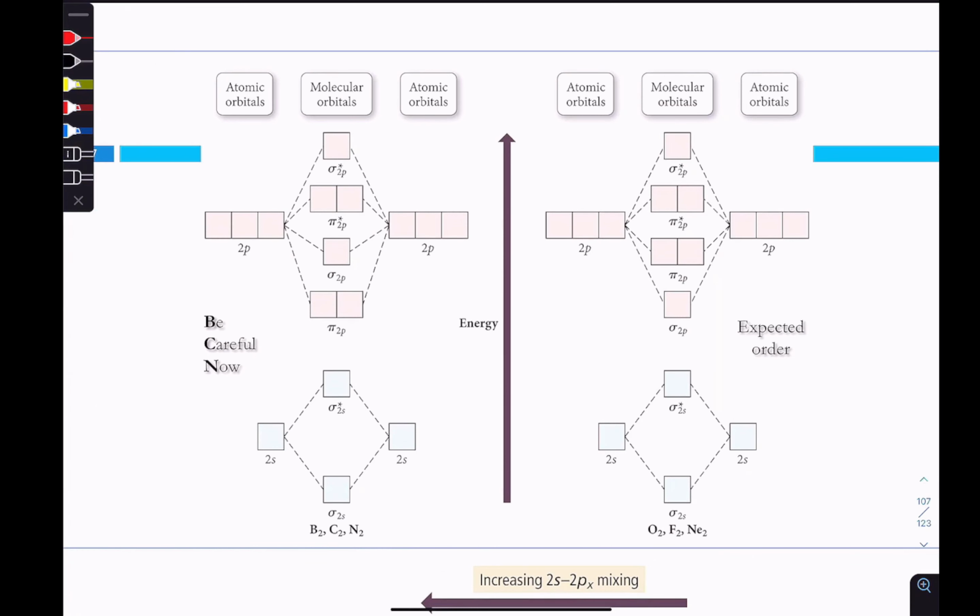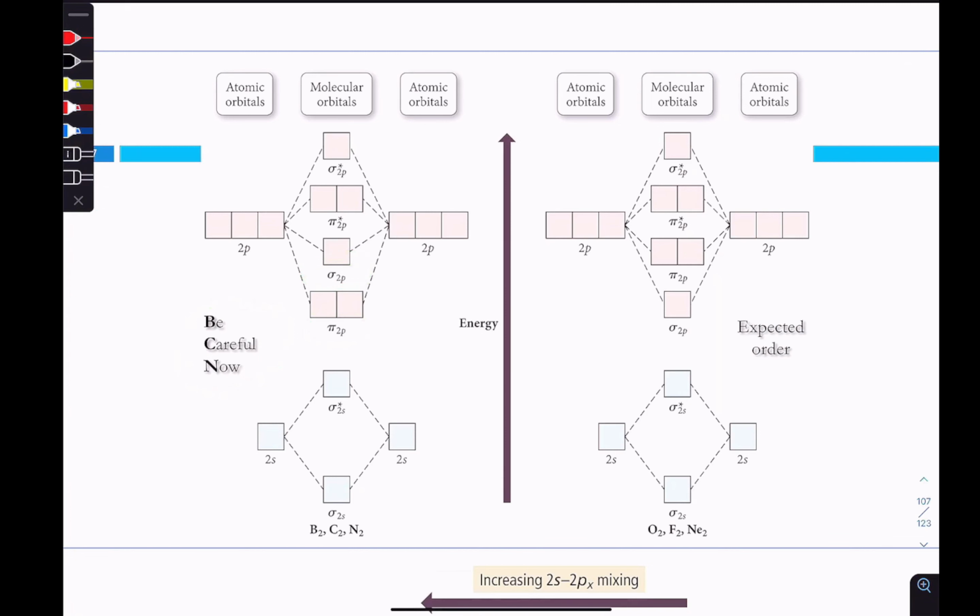So be careful now. What happens is the way that the atoms interact to form bonds lowers the energy of the 2 sigma orbital and increases the energy of the pi bonding 2p orbital.